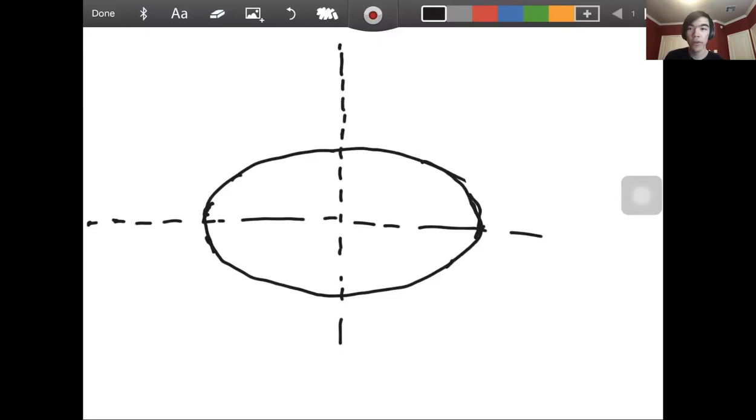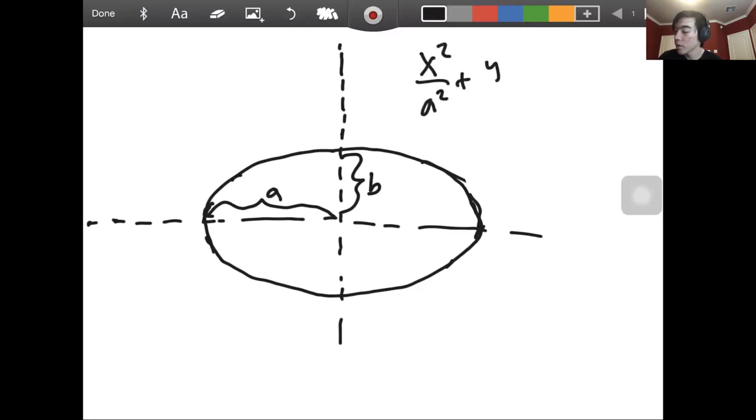And we can actually define lengths based on this. This length is denoted as little a, and this length is denoted as little b. It's always a and always b by convention. In this case, the formula of the ellipse is x squared over a squared plus y squared over b squared is equal to 1.